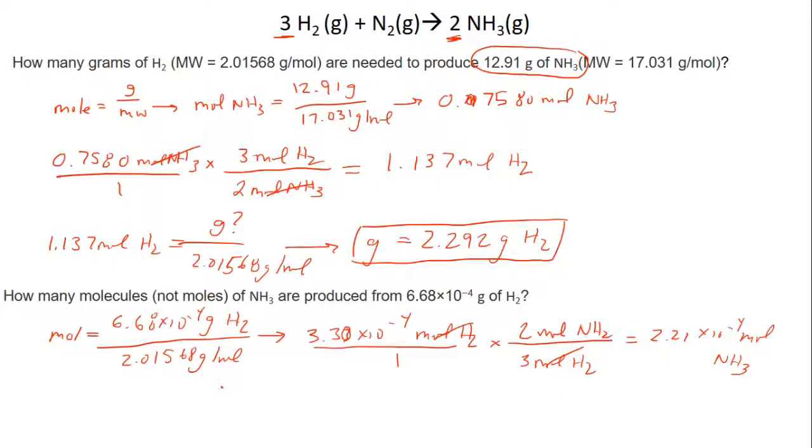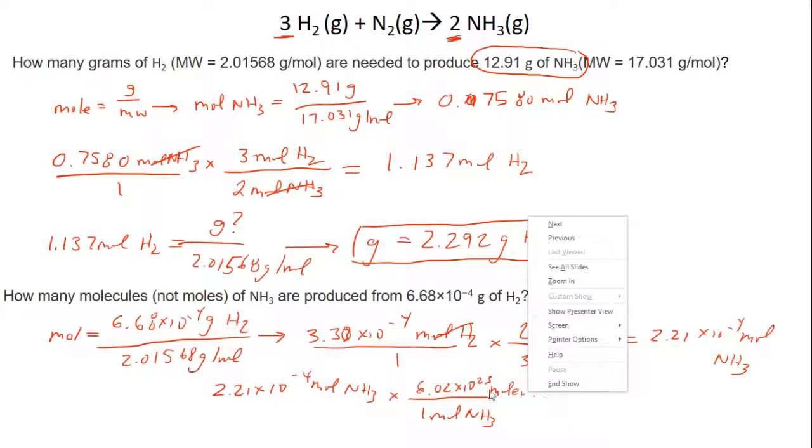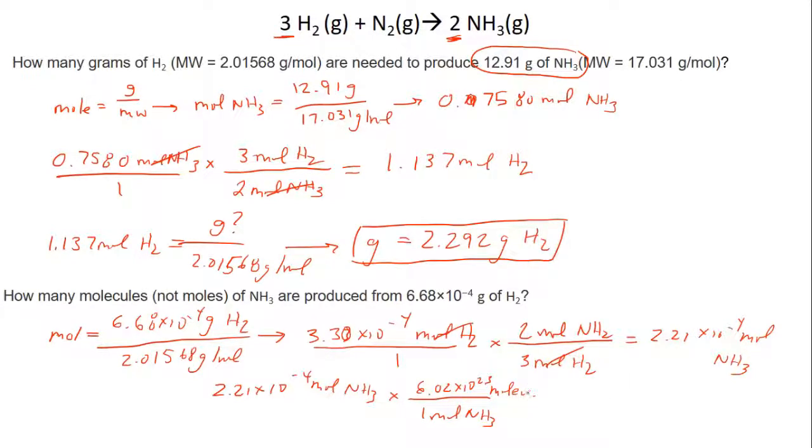Now that we have moles of ammonia, we need to find out how many molecules. And what do we use for that calculation? We use Avogadro's number. So we have 2.21 times 10 to the minus 4 moles of ammonia, and we know that 1 mole of ammonia equals 6.02 times 10 to the 23rd molecules of ammonia.